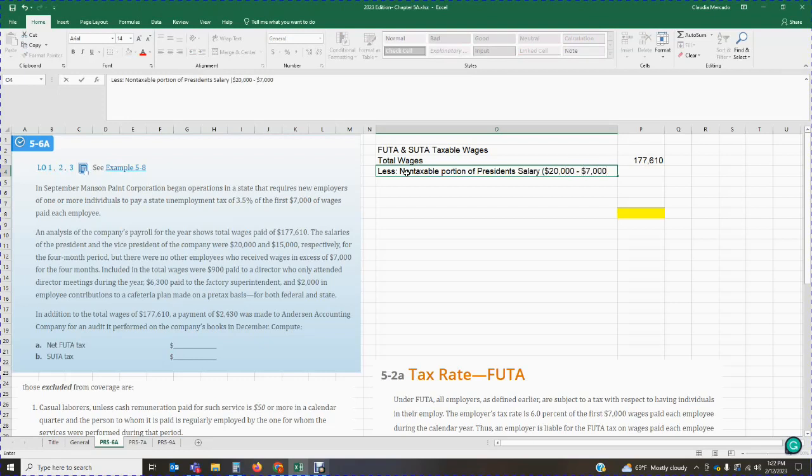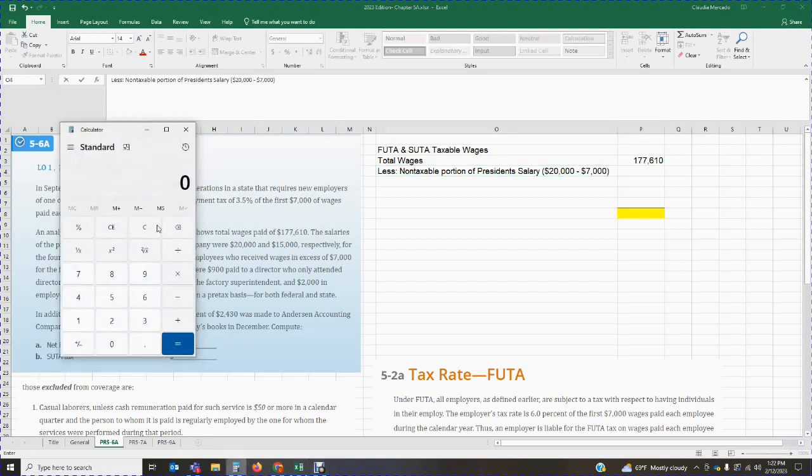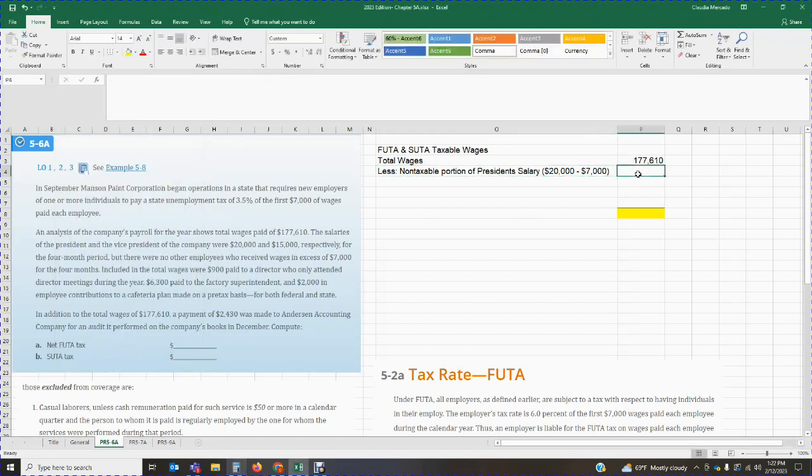That is my cap. So that means that from the $20,000 that they earned, we're only going to pay taxes for FUTA and SUTA on $7,000. So that means that $13,000 are not taxable for FUTA and SUTA purposes. So I'm going to deduct those $13,000. This represents the portion that is not taxable.